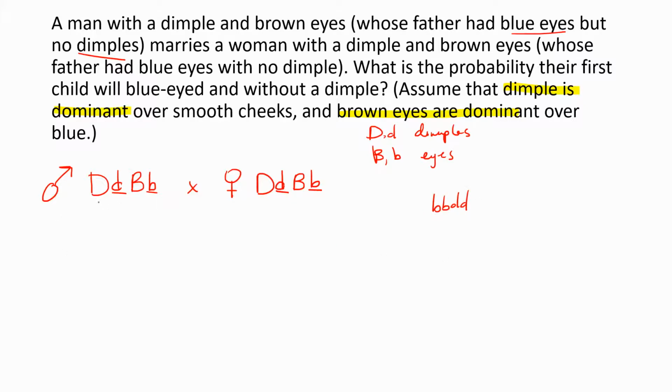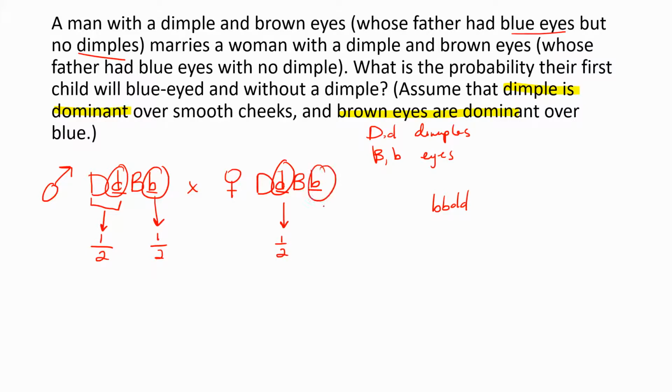I'm going to do this probability-wise just because I think that's what y'all need the most practice on. The probability of them getting the recessive allele from their dad for dimples is 1/2. For their dad, for the eye color, it's 1/2. From their mom for the dimples, it's 1/2.